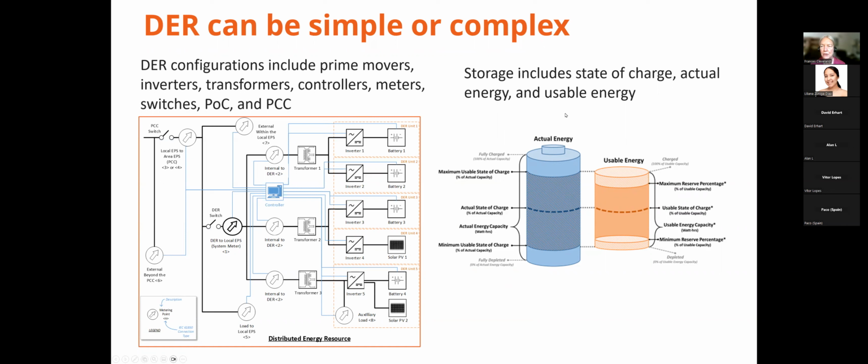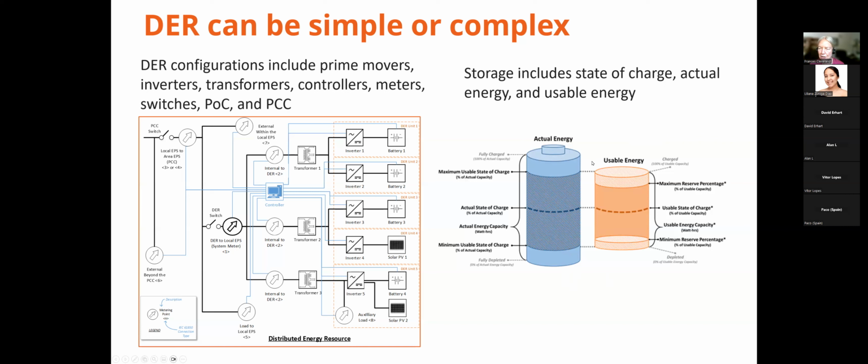And one of the things that's also really critical is this concept of state of charge or usable energy versus actual energy. You never want to actually drain the battery or the storage system completely. You should always leave sort of a reserve at both ends, either at the top or the bottom.